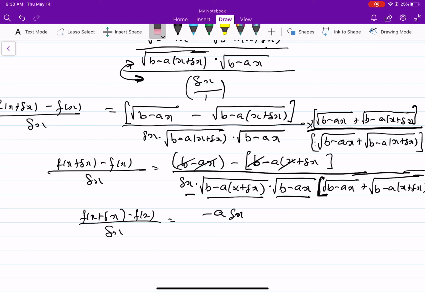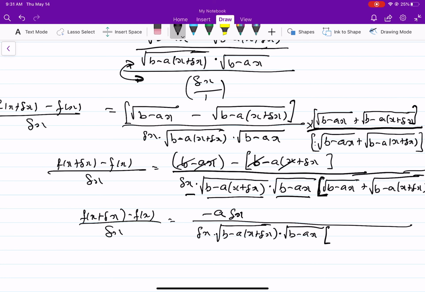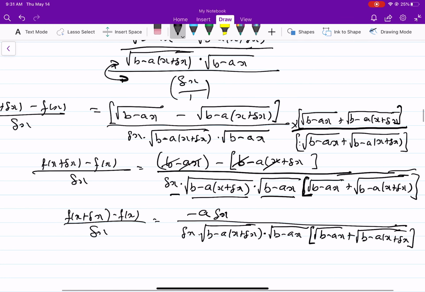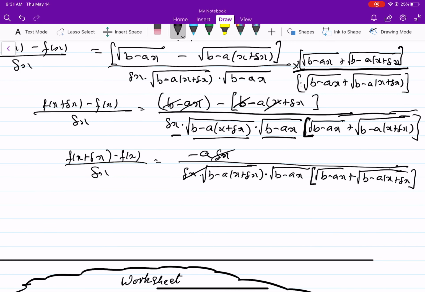Minus a times delta x is left on top, and on the bottom I'll have delta x times the root of b minus a into x plus delta x times the root of b minus ax times the root of b minus ax plus the root of b minus a into x plus delta x. All right. Delta x you can clearly see canceling out with delta x there.